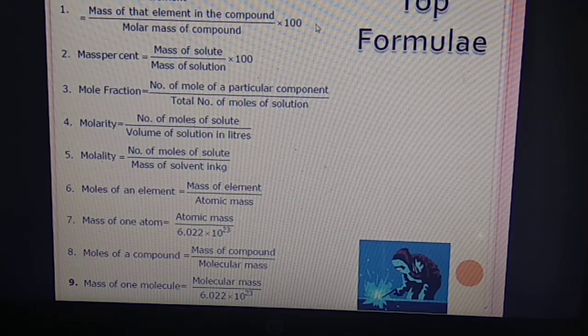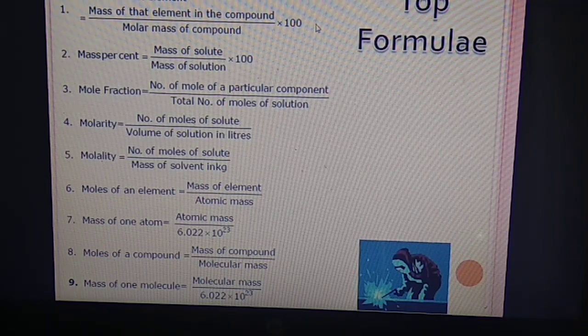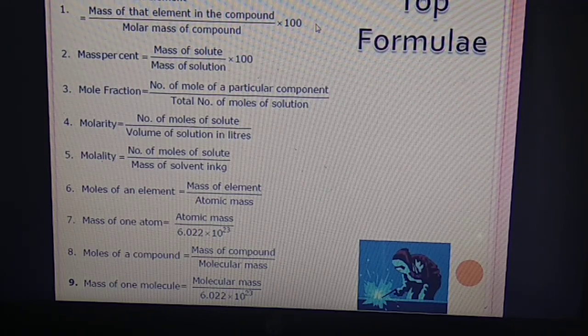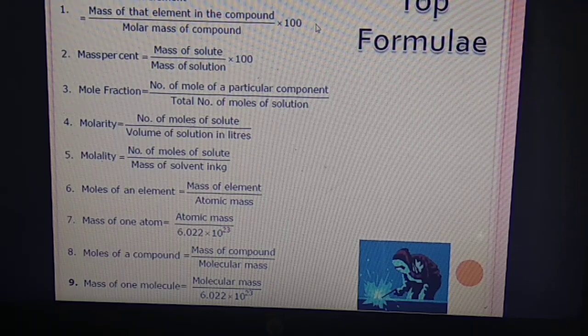Mass of one atom equals atomic mass by 6.022 into 10 to the power 23, and mass of one molecule equals molecular mass divided by 6.022 into 10 to the power 23. You have to know the mass of one atom and the mass of one molecule. So these are the important formulas to solve the numericals.